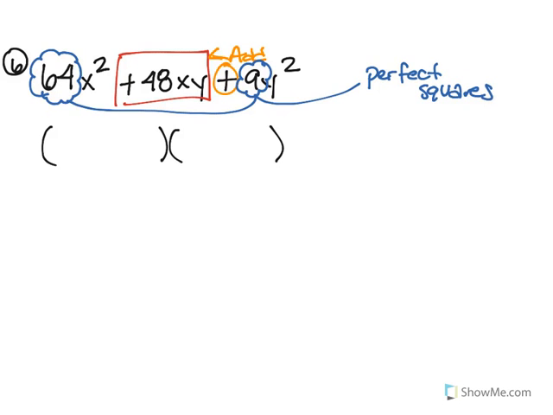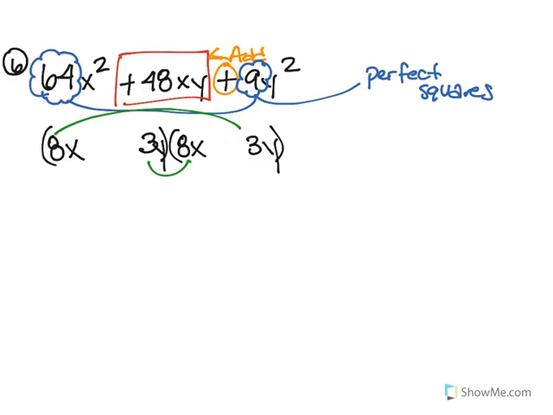So use the square roots to see if they will work first, okay? Sometimes that works when we're adding. So I know the square root of 64 is 8, so I'm going to use 8x and 8x. That's the factor pair I'm going to use. And the square root of 9 is 3, so I got 3y and 3y. So I'm going to use those factor pairs to see if this will give me my middle.